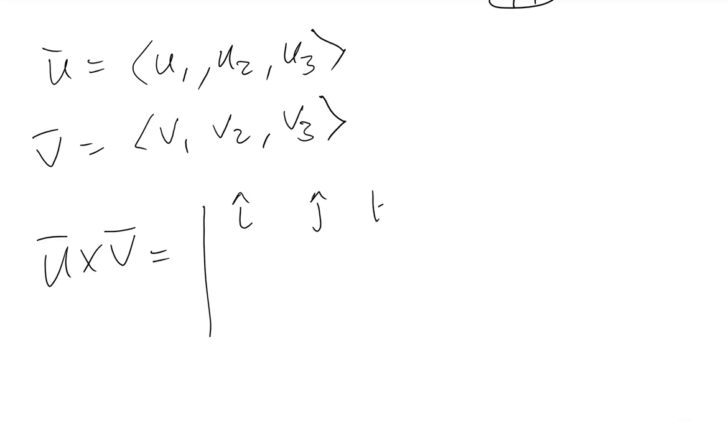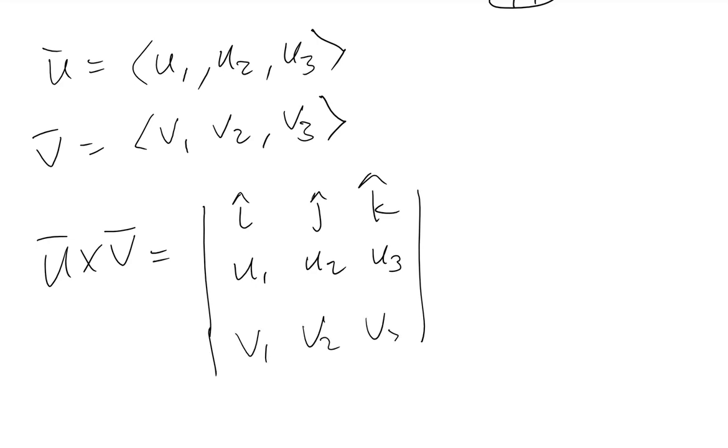You write I, J, K on top, then the components of U, and then the components of V below it. And now you take the determinant. These straight up and down bars tell you that it's the determinant.